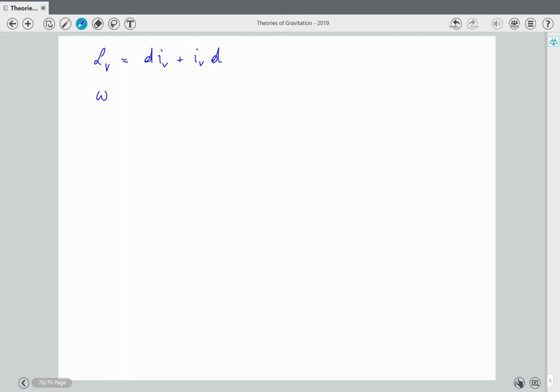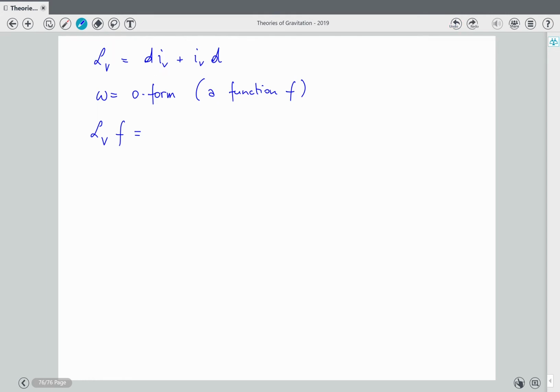So omega equals a zero-form, which means a function. Then L_V f is what? The first term doesn't contribute, because i_V would have to return a minus one form.